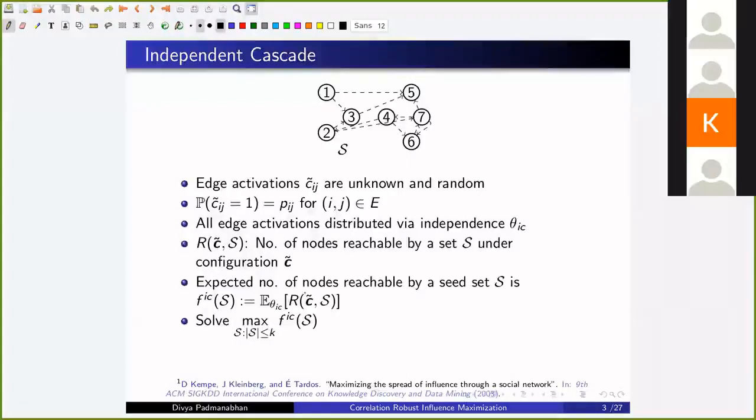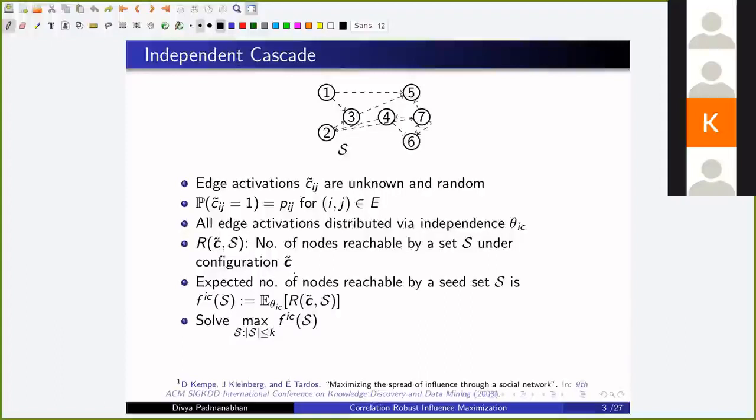And formally, we represent R of C, S as the number of nodes that you can reach with a seed set S under a given realization C. And given this distribution of the Cs, what you're interested in is the expected value under theta IC, the independent distribution. What is the seed set that maximizes this expected reachability?